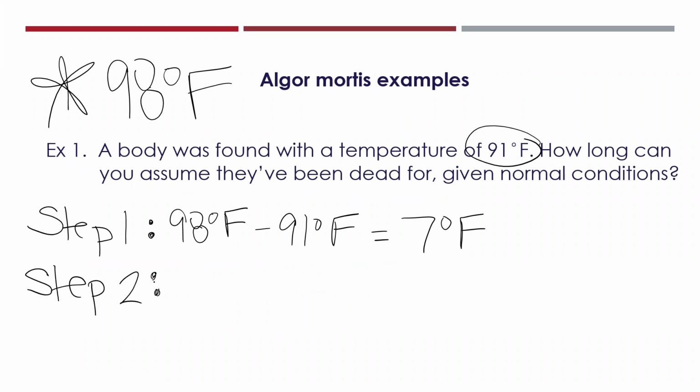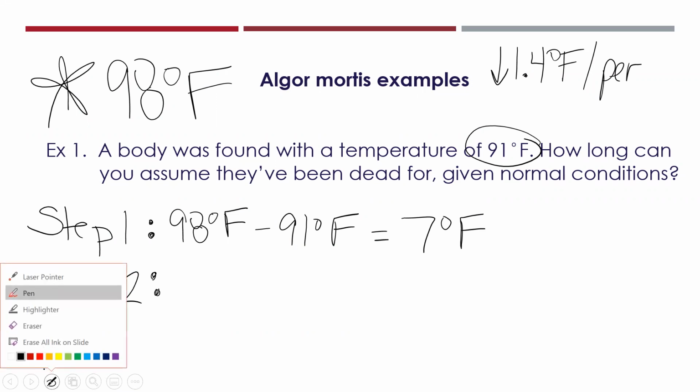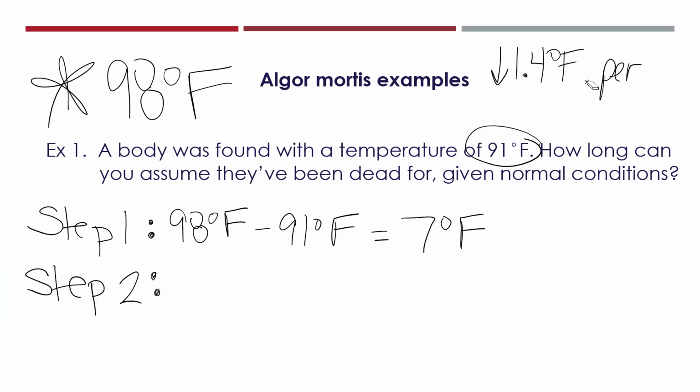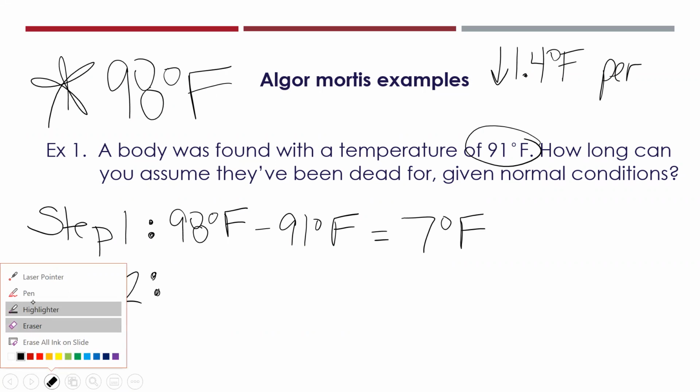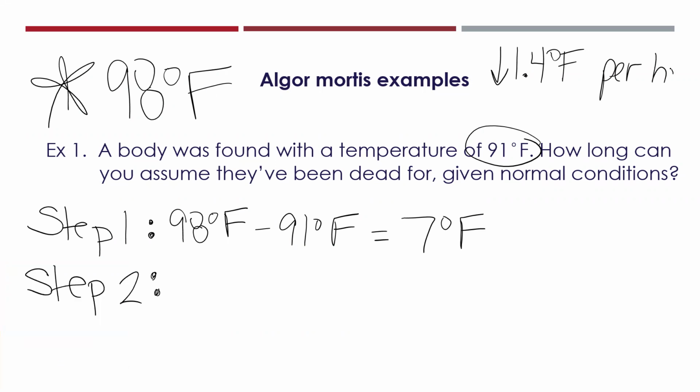So a body loses in the first 12 hours 1.4 degrees Fahrenheit per hour. In the first 12 hours, I'm going to take my 7 degrees Fahrenheit and divide by the rate, 1.4.